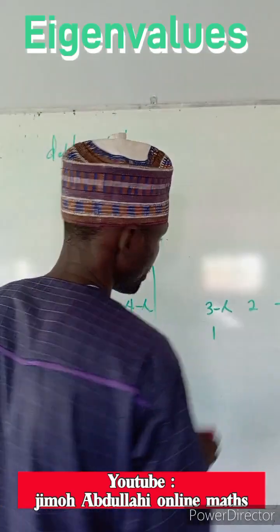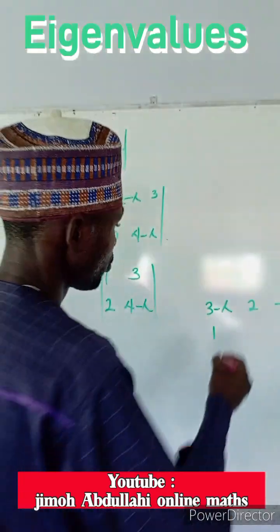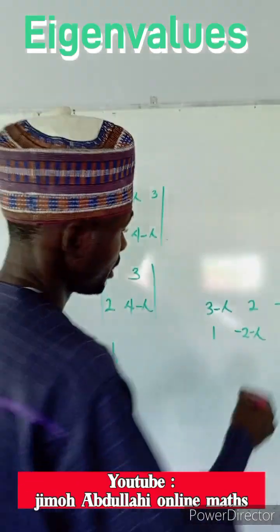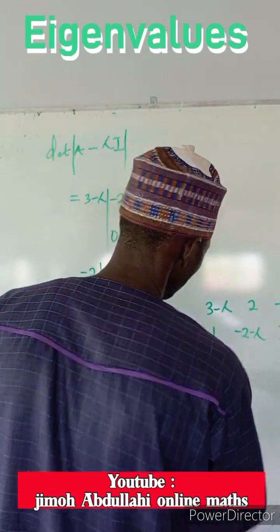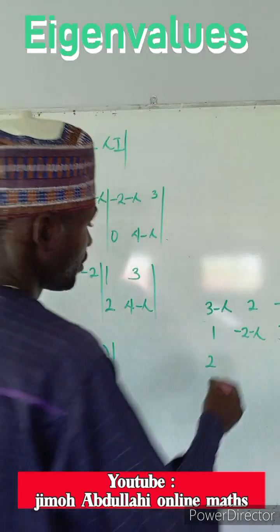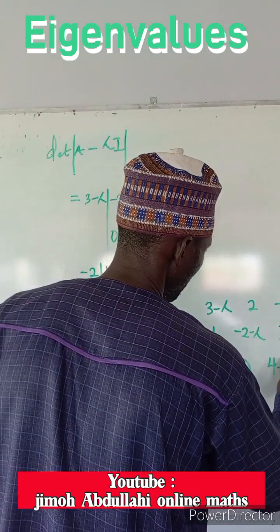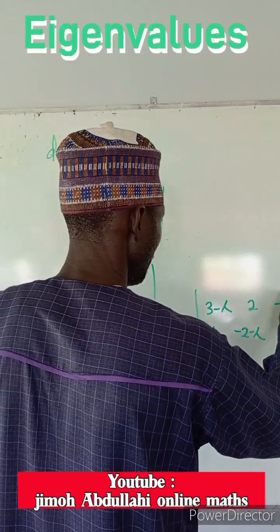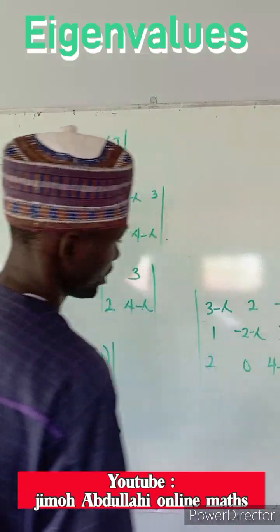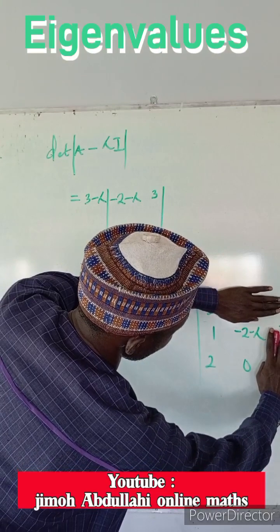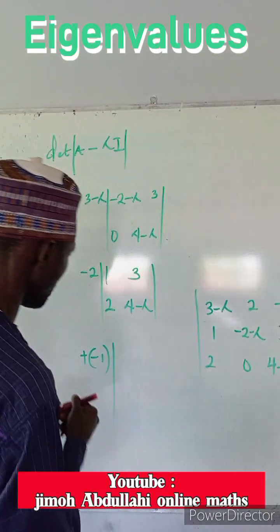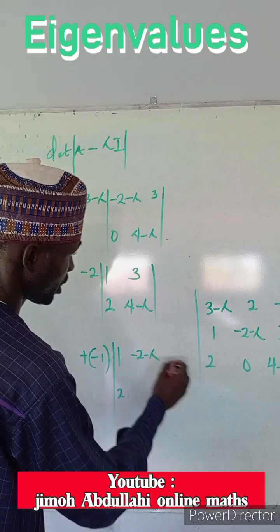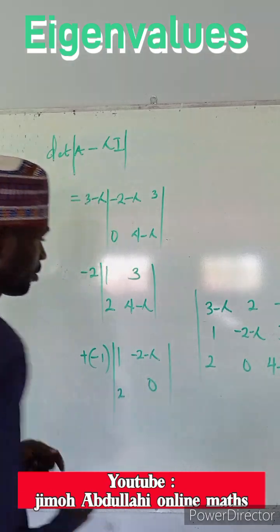Then we have 1, 2 minus lambda. Then we have 3, we have 2, we have 0, and we have 4 minus lambda. So what we have not done is this one. We are not taking for 1. You understand? I said it's going to be like this. So that will be 1, 2 minus lambda, and 0.